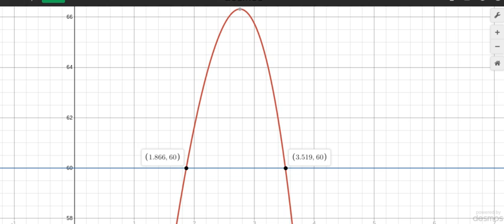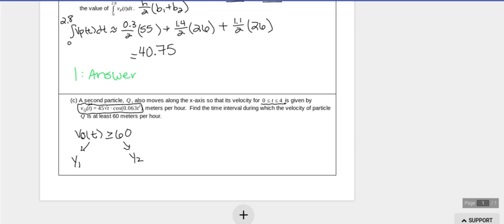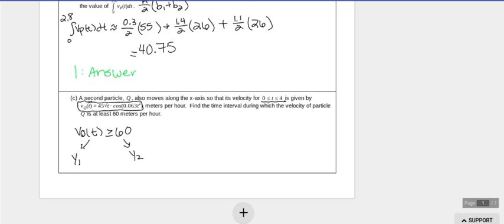So 1.866 to 3.519. On your calculator, you're going to have to do a little bit more work to find those intersection points, but hopefully you still get the same answers. So for this velocity to be greater than or equal to 60, we would have to be on the interval 1.866 to 3.519.